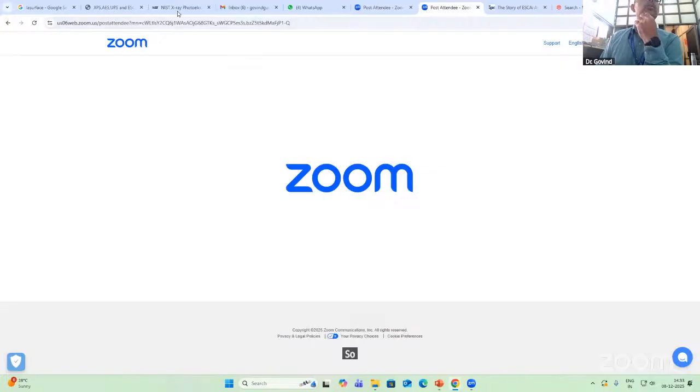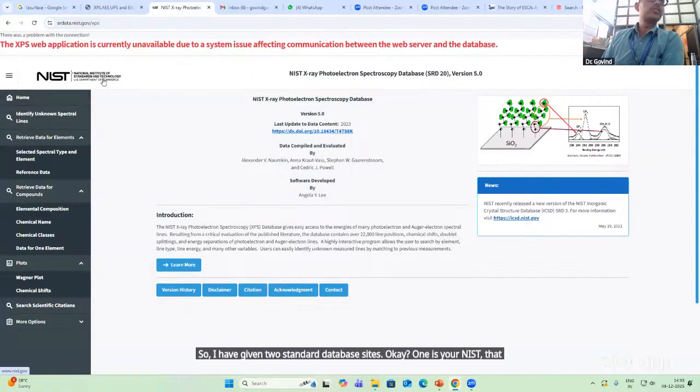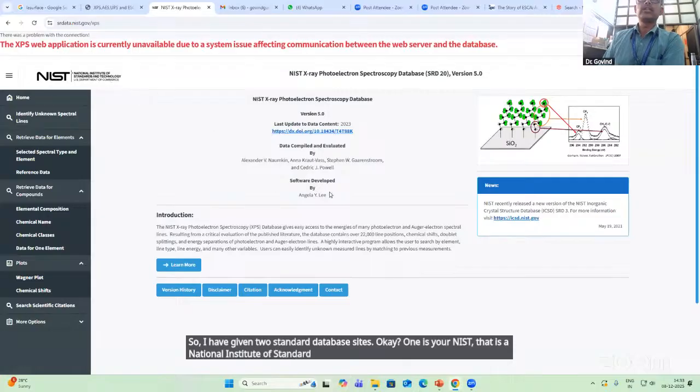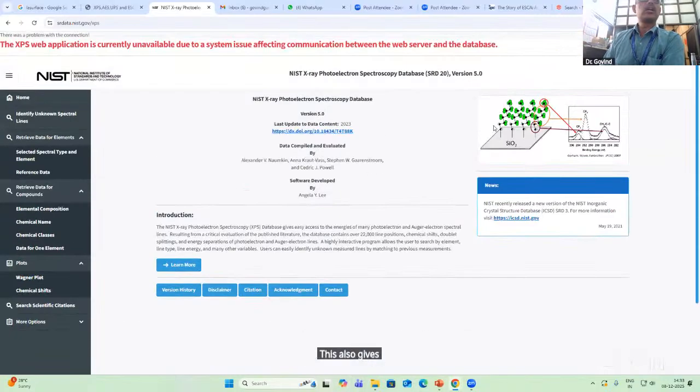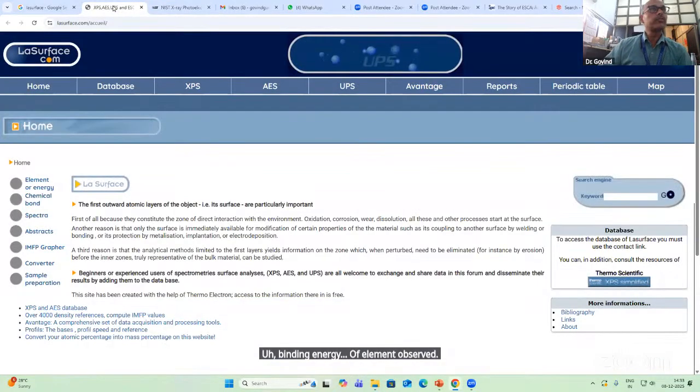So I have given two standard database sites. One is NIST, the National Institute of Standards and Technology. This also gives you a standard database of elemental composition and their binding energy, so that you can easily identify what kind of binding energy of an element is observed in your material.